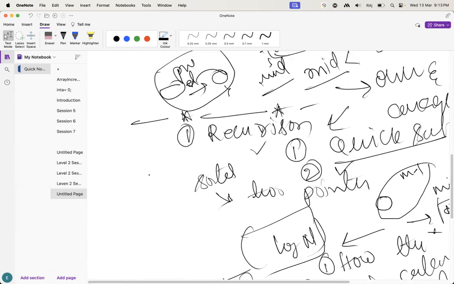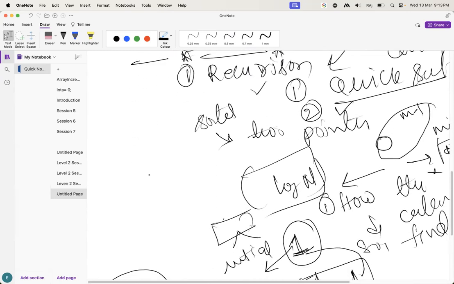If you know all these things, you will know the basics of the problems. You can easily solve medium level questions.